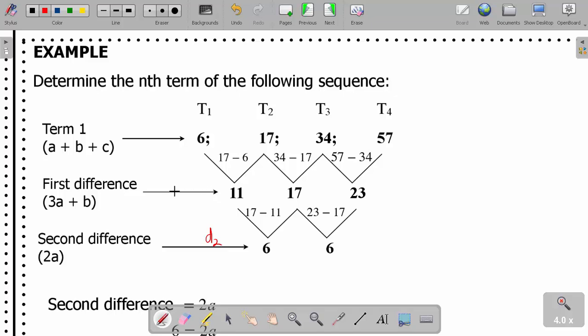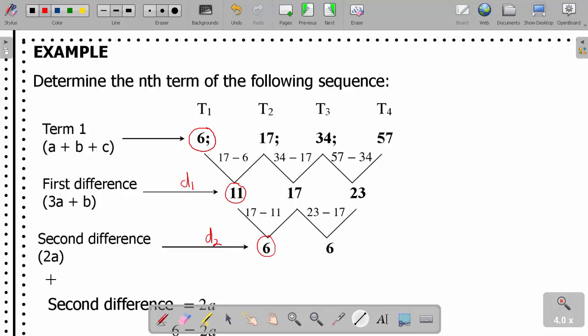Now this one is our D1. The first difference D1, we mean this value here. And the second difference, we mean this 6 here. And then our term 1 is this one here. This is T1. Now I want you to know these formulas because you're going to be using them all the time.